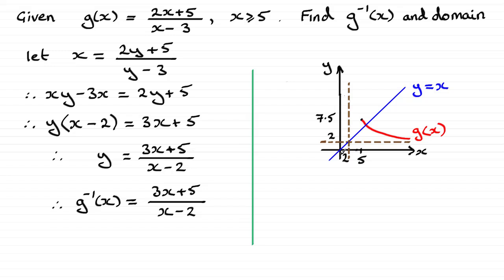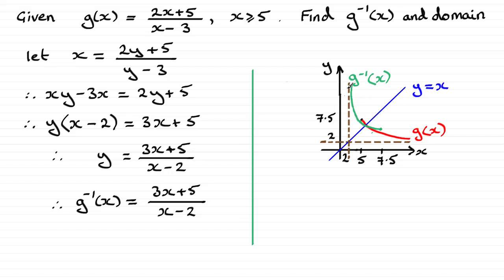And we reflect this graph in y equals x, and you're going to get this image here. So you'll see that the 7.5 that we had here ends here on the green graph of the inverse of g of x, and it approaches this asymptote here.